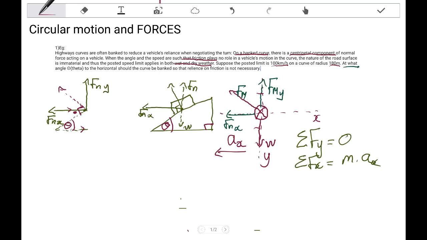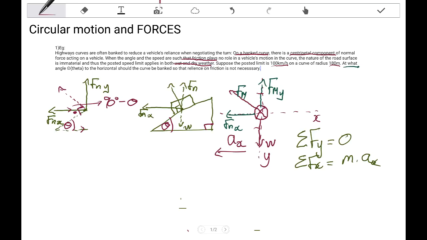If I have a theta here, there is also theta there because of the parallel lines. After getting this angle theta, I have a 90 degrees, so this angle here is 90 minus theta.